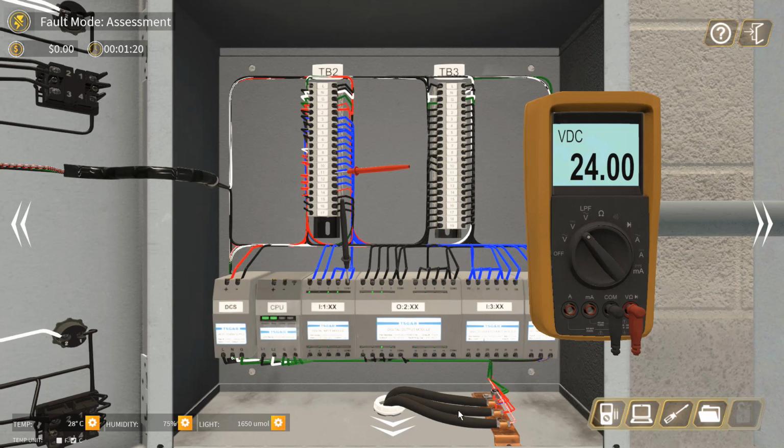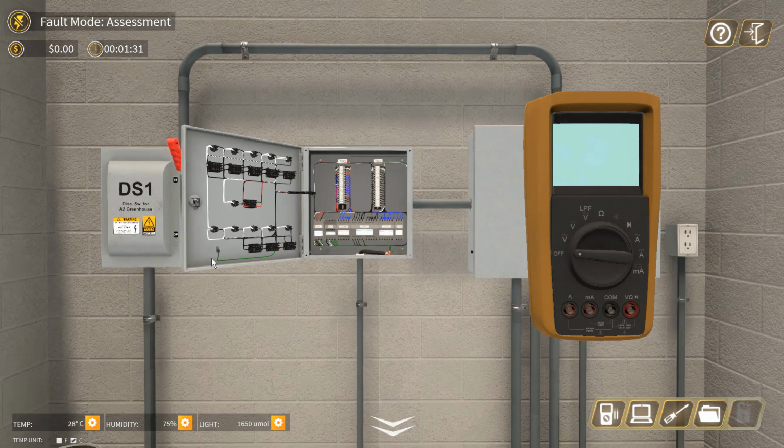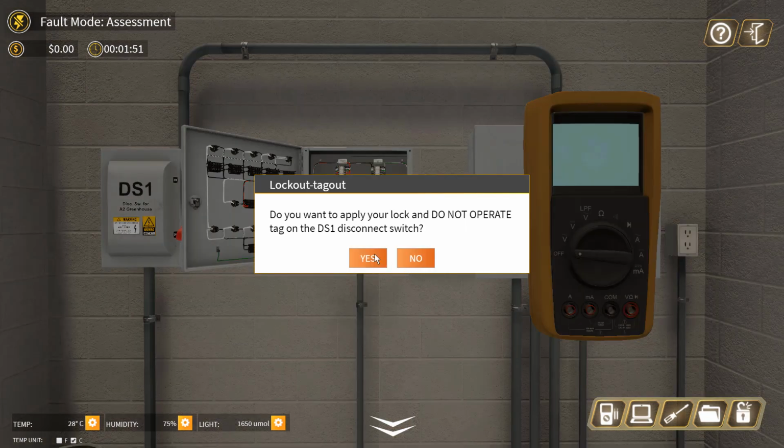Okay, so in order to double confirm, we need to shut off the power supply and then perform the checking. So do the lockout tagout.